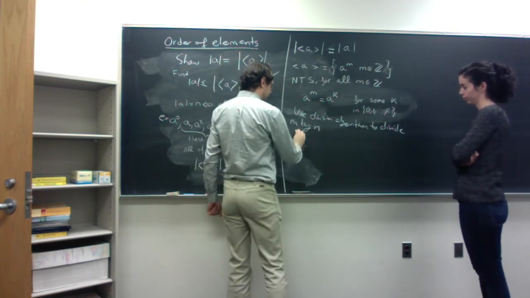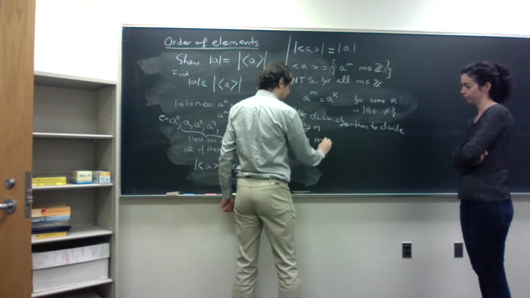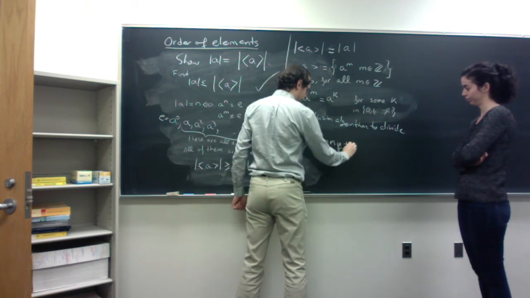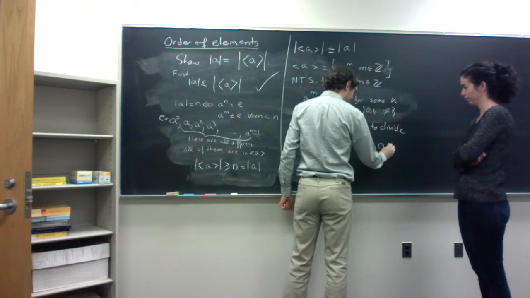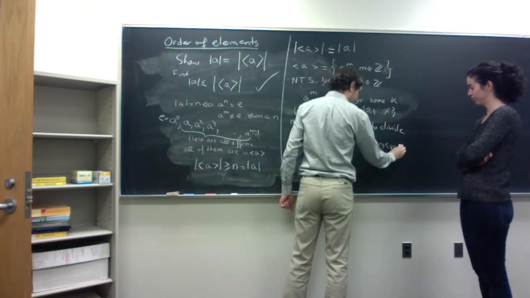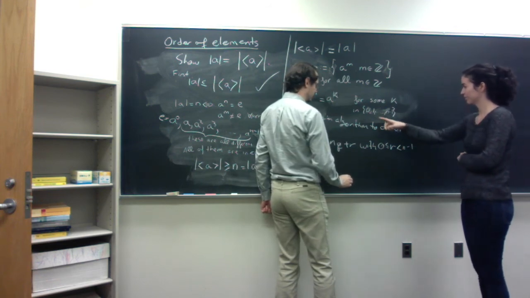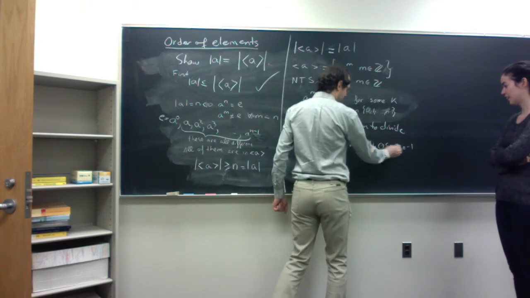Then m is going to be n times some quotient plus some remainder. And our remainder has to be at least 0 and smaller than or equal to n minus 1.